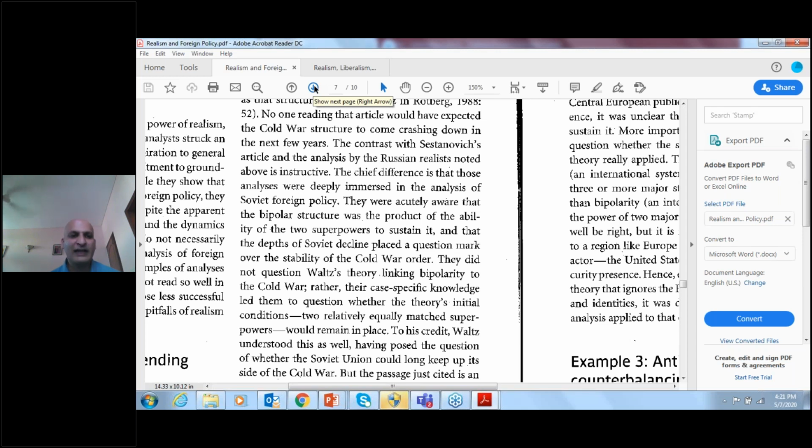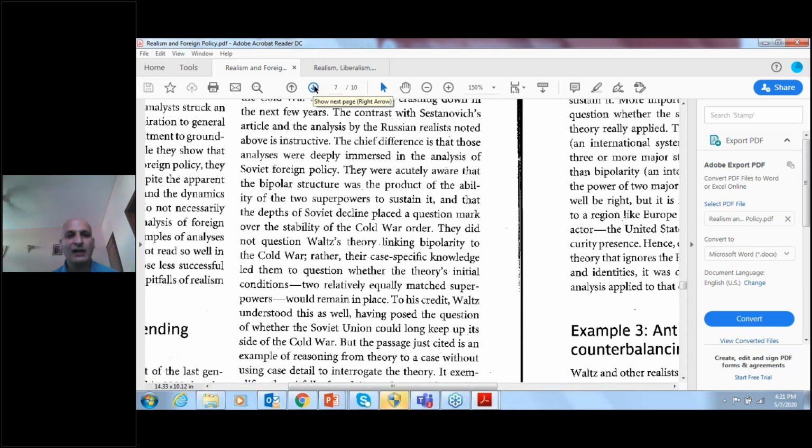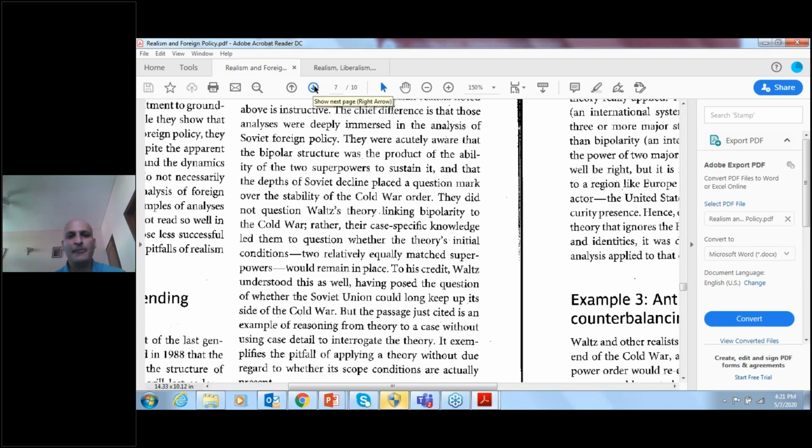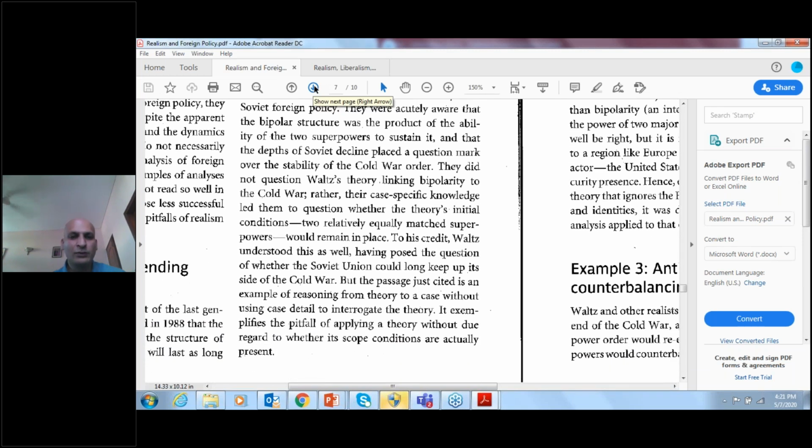Now, the Cold War actually came to an end within a year or two. So, what happened? How did it come to such a quick end? Well, according to Kenneth Waltz, this Cold War should have continued.